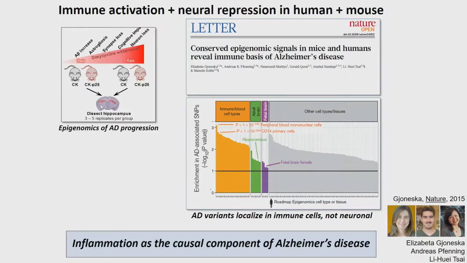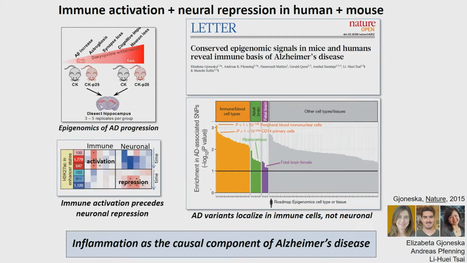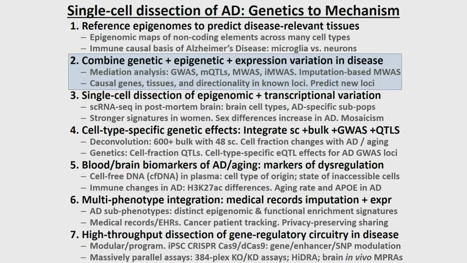So that told us that Alzheimer's is primarily an immune disorder of the immune cells of the brain, and only secondarily do you actually see an effect in neurons. And in longitudinal studies of where the effect starts first and where it goes later, we find that indeed immune cells are affected first and neurons are only affected later.